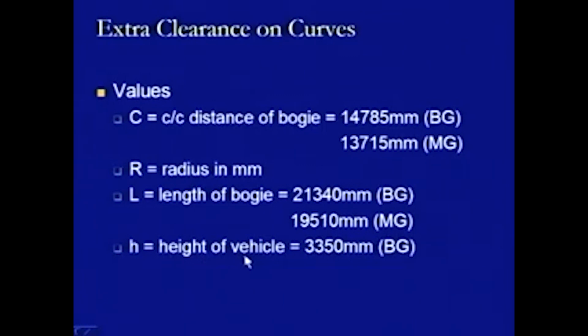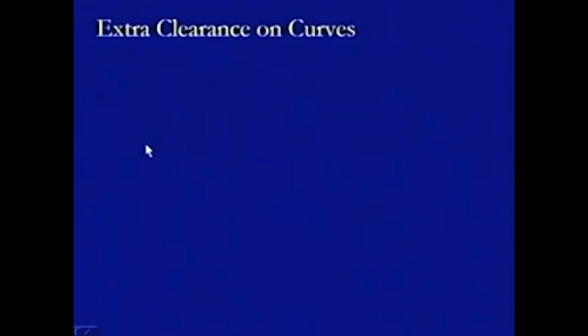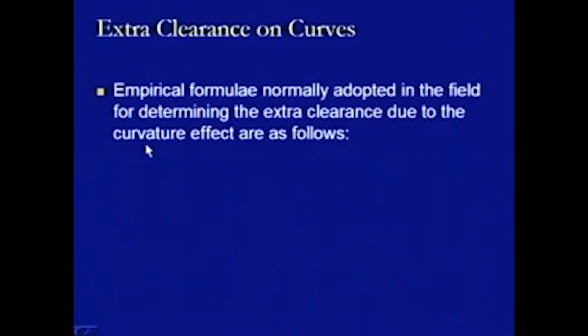Then the height of the vehicle edge is 3350 mm in the case of a broad gauge vehicle, and 3200 mm in the case of a meter gauge vehicle. These are all standard values, and if we put them in the formula we have seen previously to find the total extra clearances to be provided on a curve, we can also reduce the size of the formula.